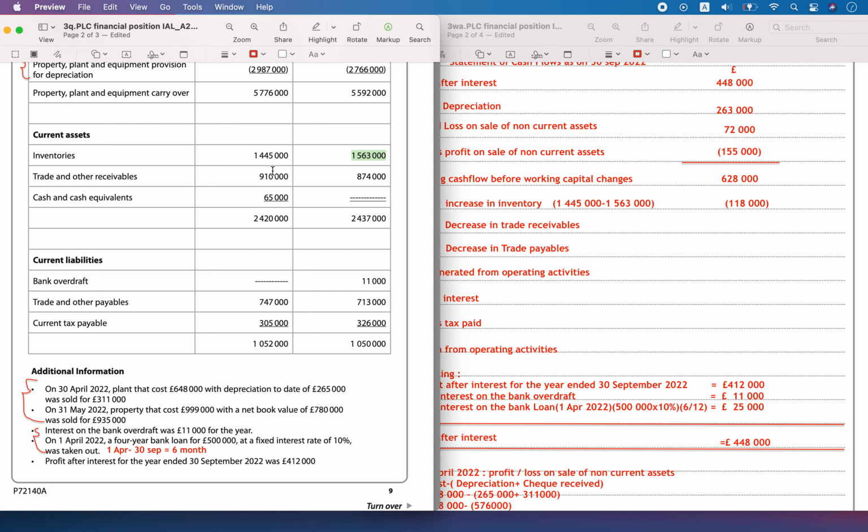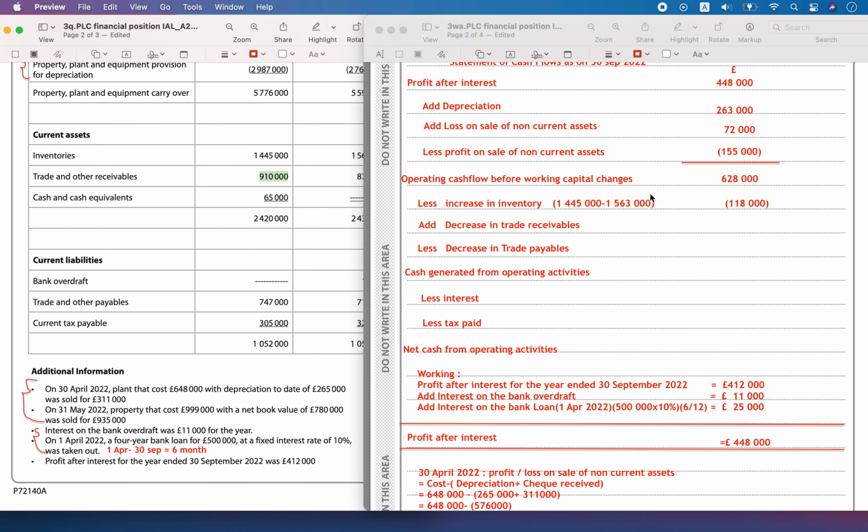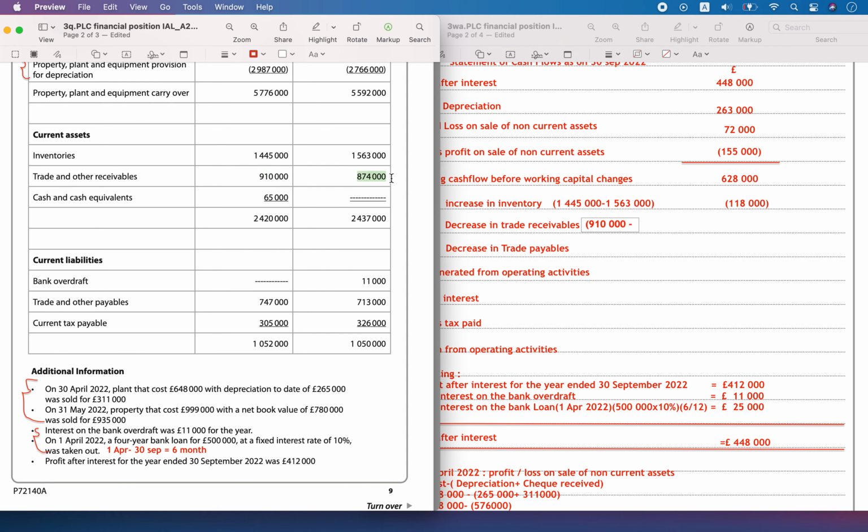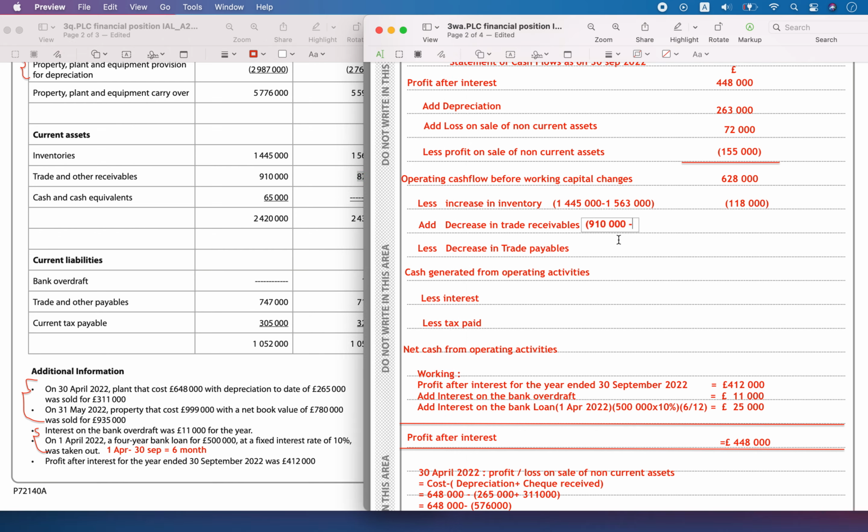The next one is trade receivables. 910,000 minus 874,000, it has decreased, so you will have to add the decreased amount. So that is going to be equal to 36,000.